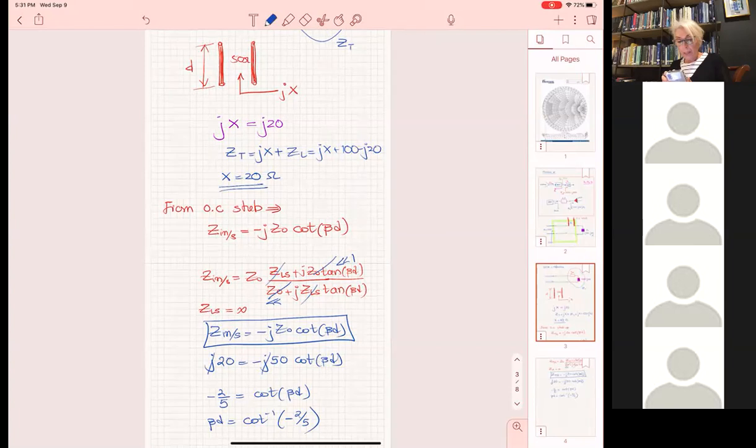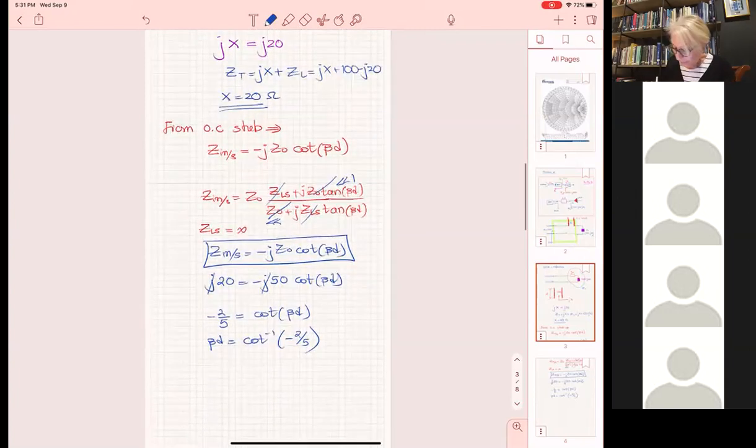And then calculate inverse, which gives us here, it will give you minus 68.